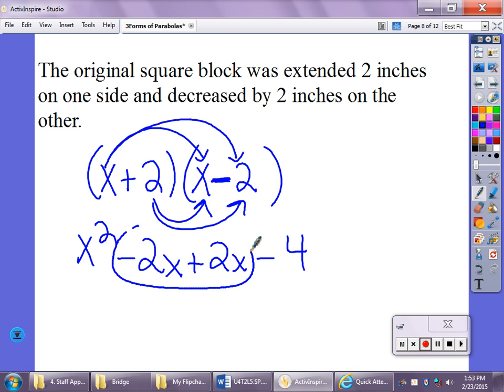Now, I have a negative 2 and a positive 2, so they cancel, and I'm left with x squared minus 4. Now, if you wrote x squared plus 0x minus 4, that's okay, but it's not the simplest form. Whenever there's a 0 with the variable, remember 0 times anything is 0, so it's not necessary to write.